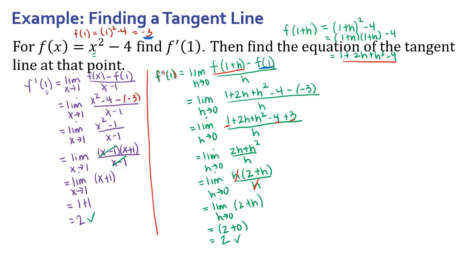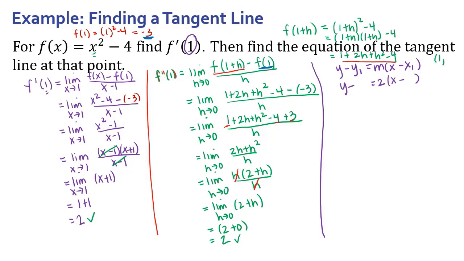formula for the slope. So now if we were trying to find the equation of that tangent line, we need a point and a slope so that we can use the point-slope formula. We know that the slope is 2, but I need to see if I have a point. We were trying to evaluate this at x equals 1. When x equals 1, the y value we found, the output, was negative 3.